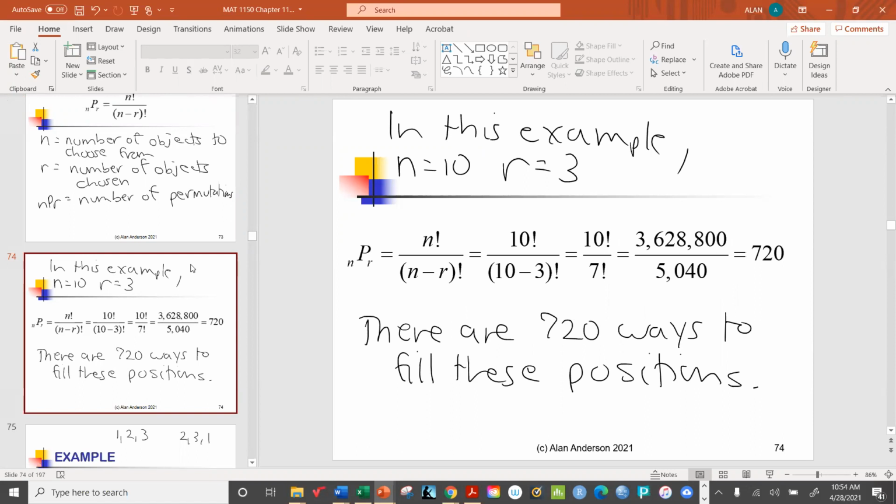And so when you write out the numbers, you can now calculate the ratio, and that turns out to be 720. There's actually 720 ways to fill these positions, which seems like a lot, but that's how it works. Wow, how interesting is that?